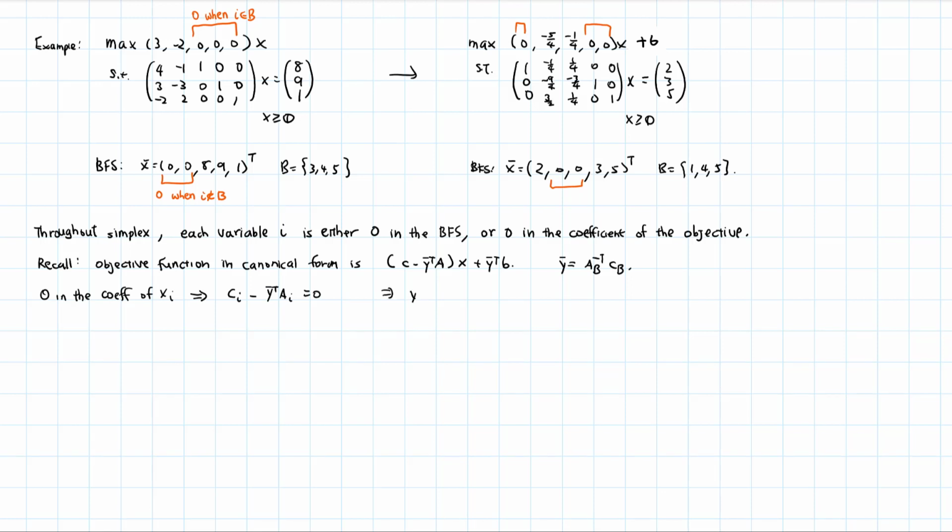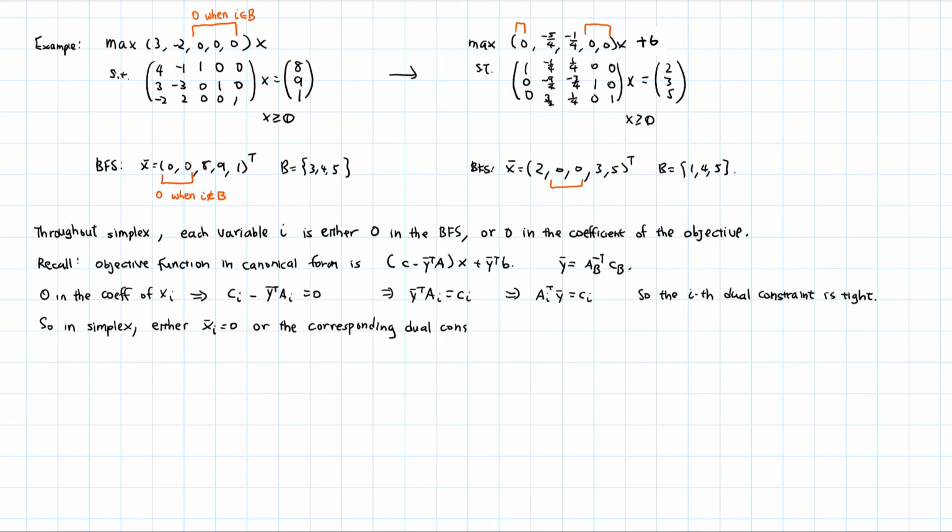This implies that y bar transpose Ai is equal to ci. Or, taking the transpose on both sides, we get Ai transpose y bar is equal to ci. And this essentially means that the ith dual constraint is tight. So what we have here is that in simplex, either xi bar is equal to 0 or the corresponding dual constraint is tight. So CS conditions hold throughout simplex.